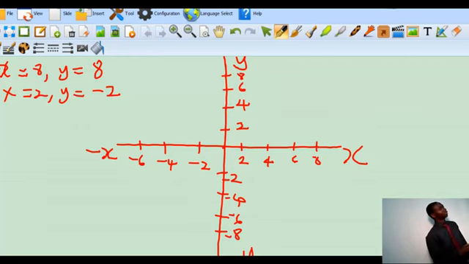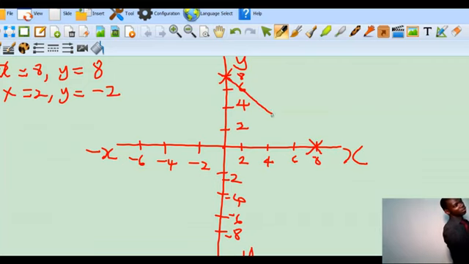Now, when x was 8, we put a star at 8, and for y, positive 8, you have those stars. Now, what you do is to join these two points together, connect them.